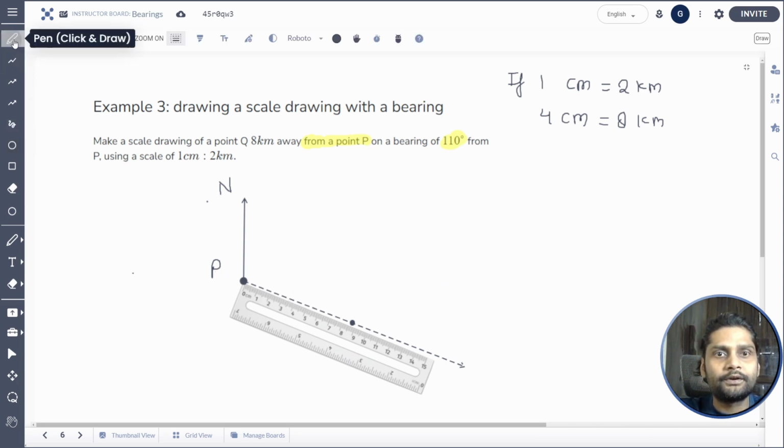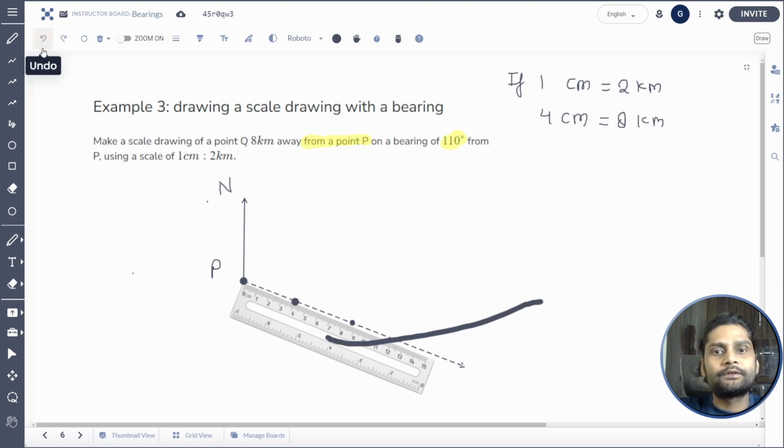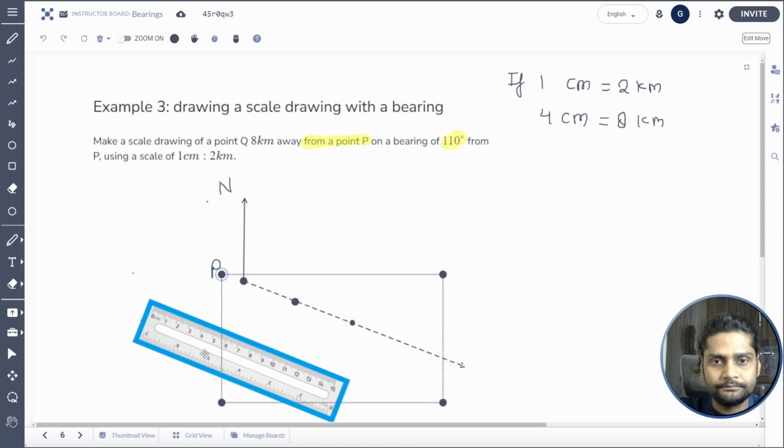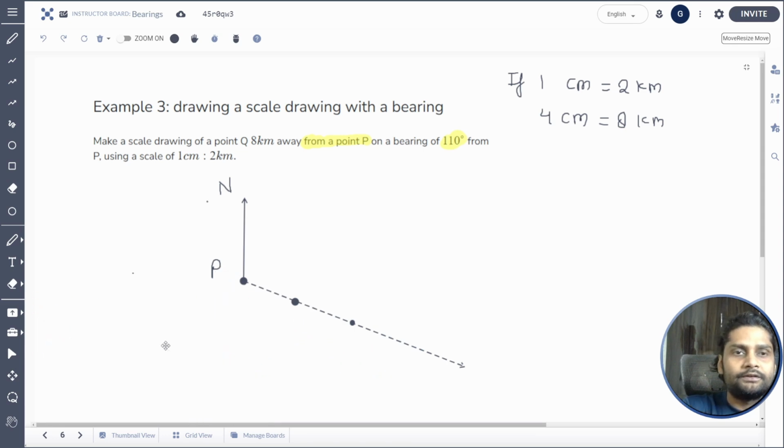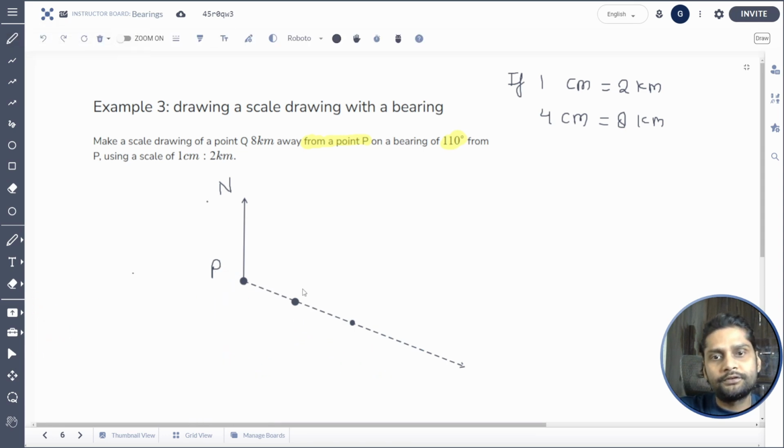This is my point Q. I can consider at a 4 centimeter distance somewhere here my point Q lies. Okay, so this can be considered a point Q. I can just mark there. One moment. I can keep the ruler aside, and this is my point Q.